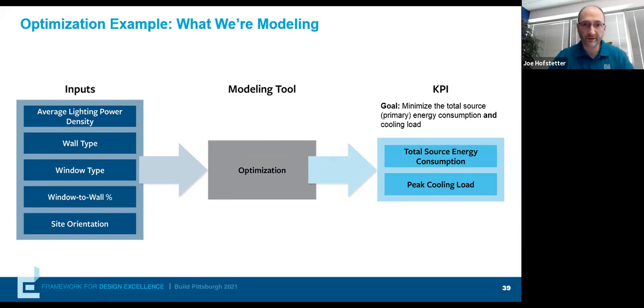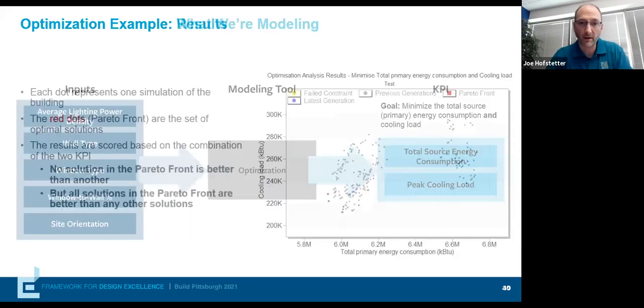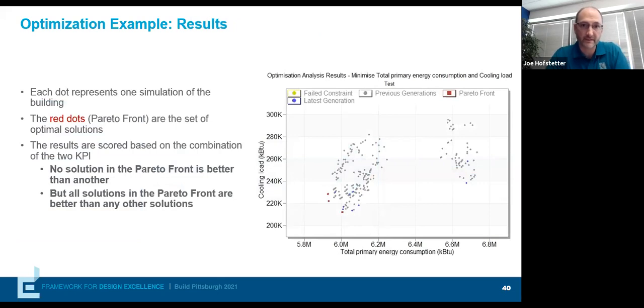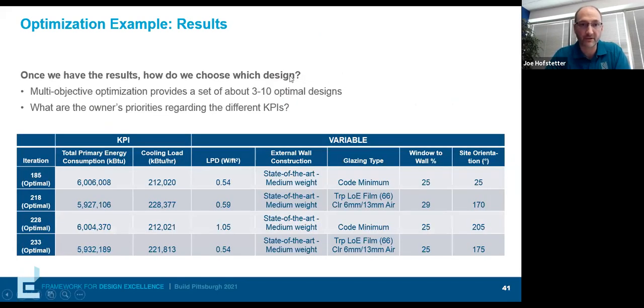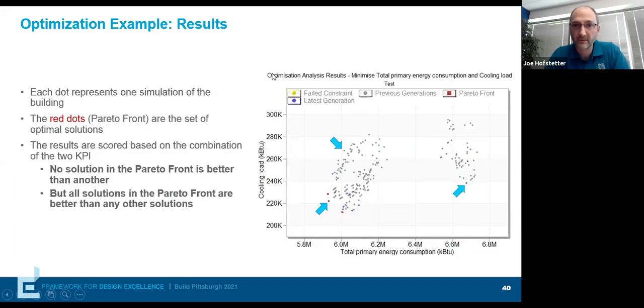So if we run this scenario, what we see here is basically an ink blot test of all those results. You can see you've got your cooling load on your y-axis, and then you've got your primary energy consumption on your x-axis. All of those little dots are those hundreds of runs that we create.